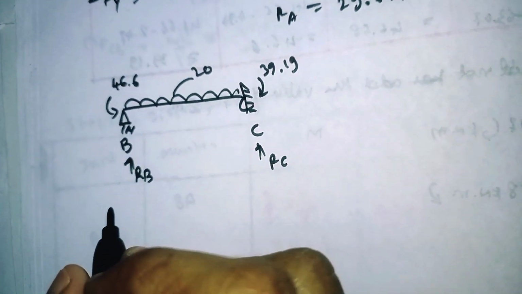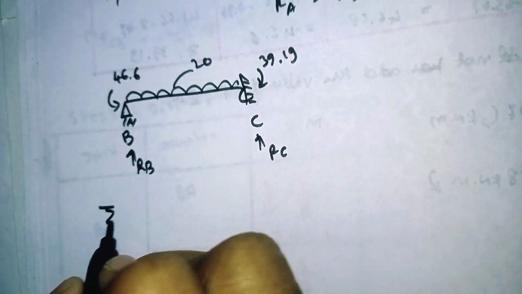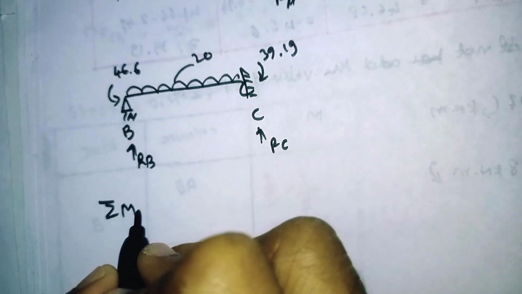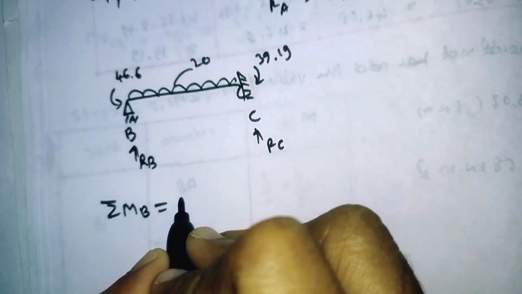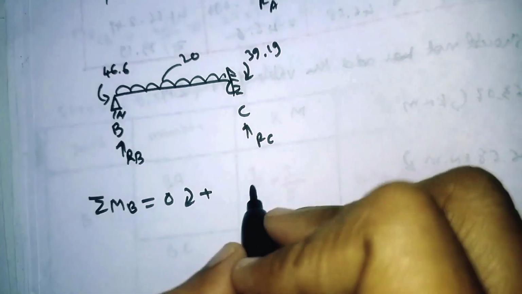So now we'll go for finding out the RC. For that we have to take the summation of moment about B is equal to 0. Clockwise we have to take positive.